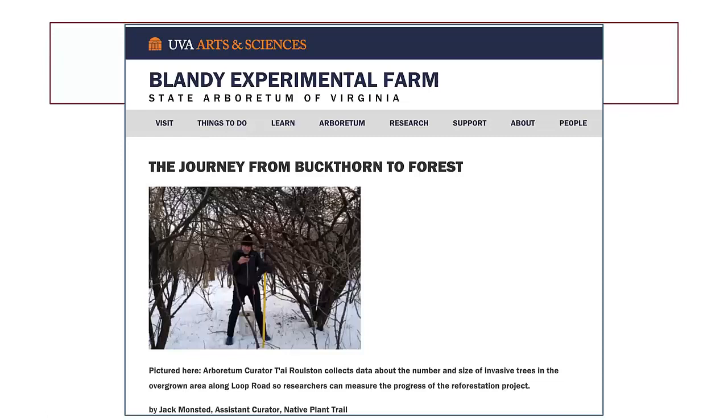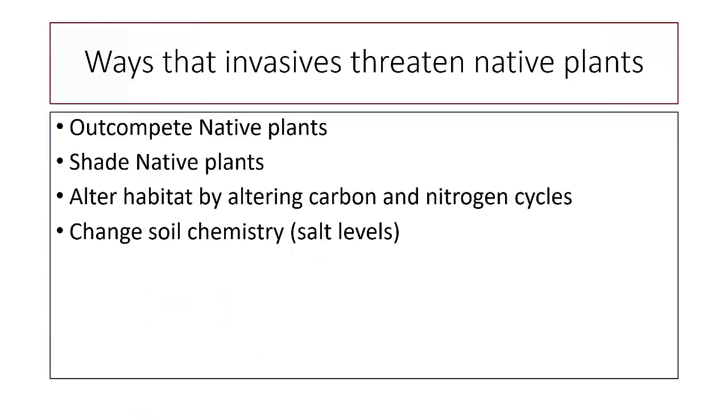So the story of invasives, it doesn't just happen in our gardens and in our yards, but it happens at places where folks are trying really hard to do the right thing and grow trees and allow our normal ecosystems to take hold. But invasives really are a problem.